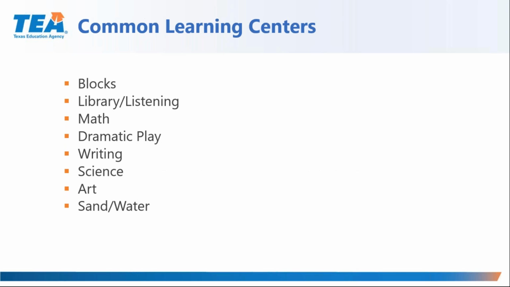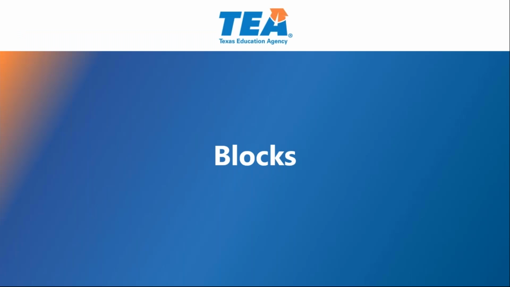On this slide, I've listed some common learning centers, and there are many more that classrooms may have, but this is sort of a basic list. Classrooms might have blocks, a library, and/or a listening center, a math center, dramatic play, writing, science, art, and sand and water. I've actually chosen to dive into a few specific centers.